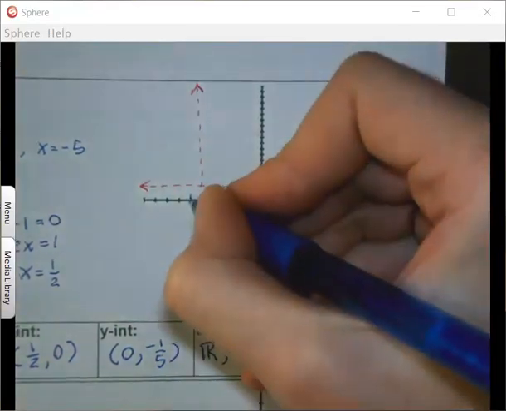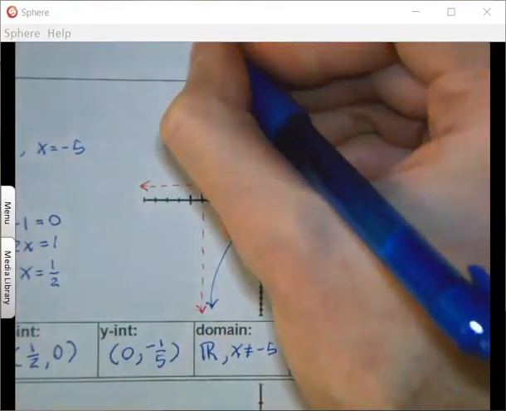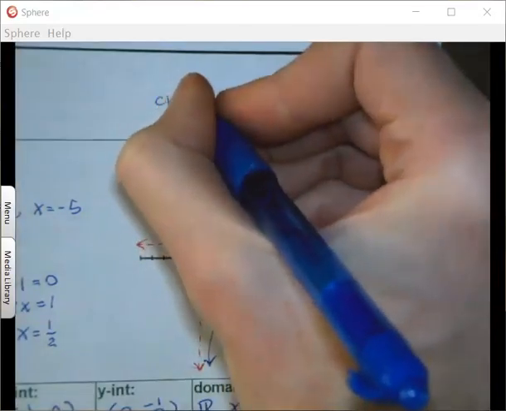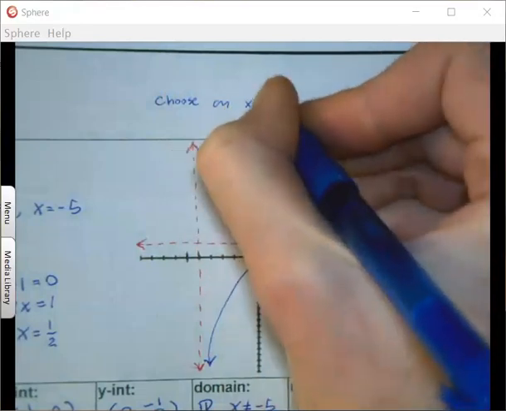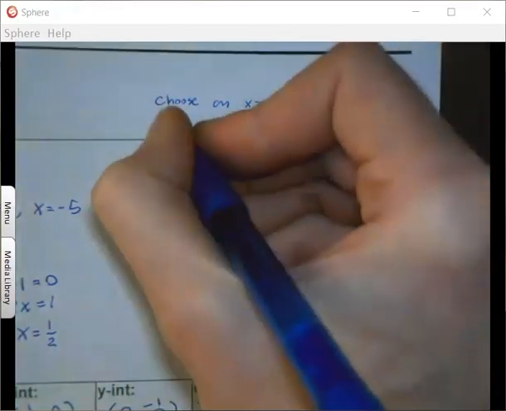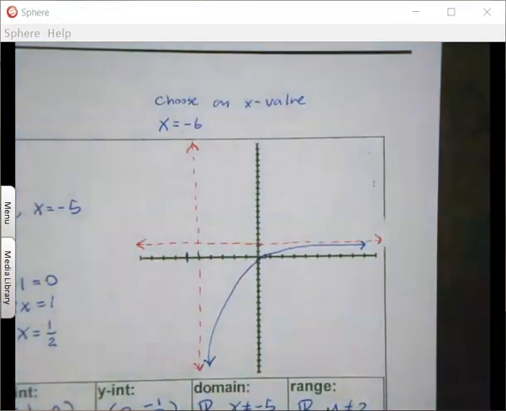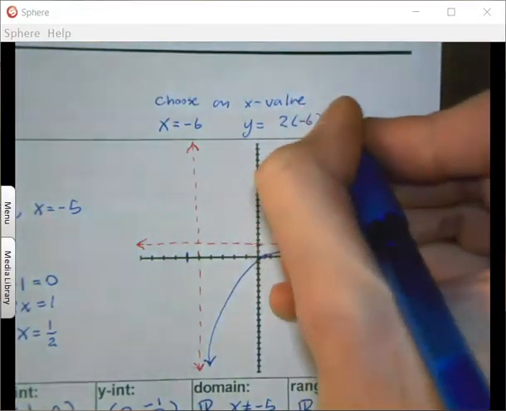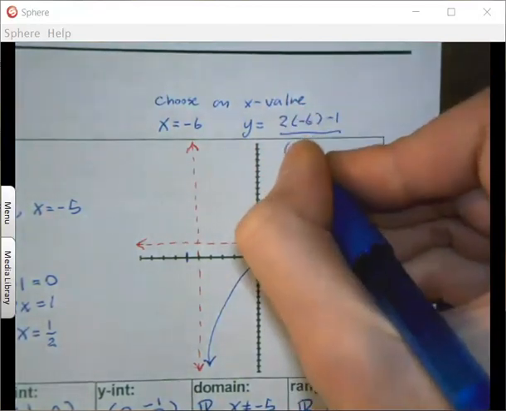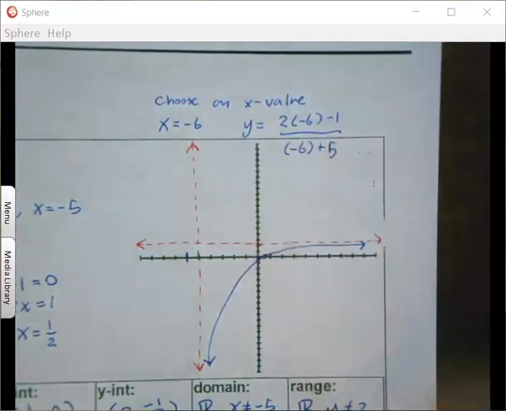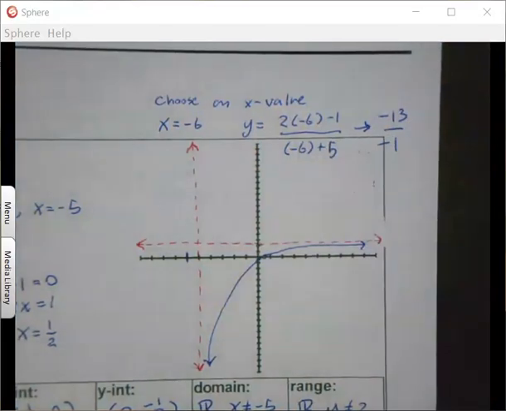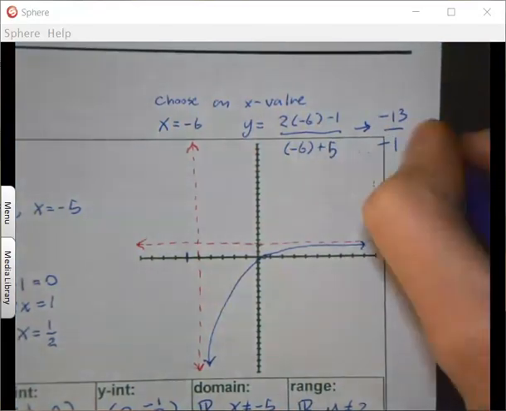It looks like minus 6 is probably good. Negative 13 over minus 1 is going to be 13.